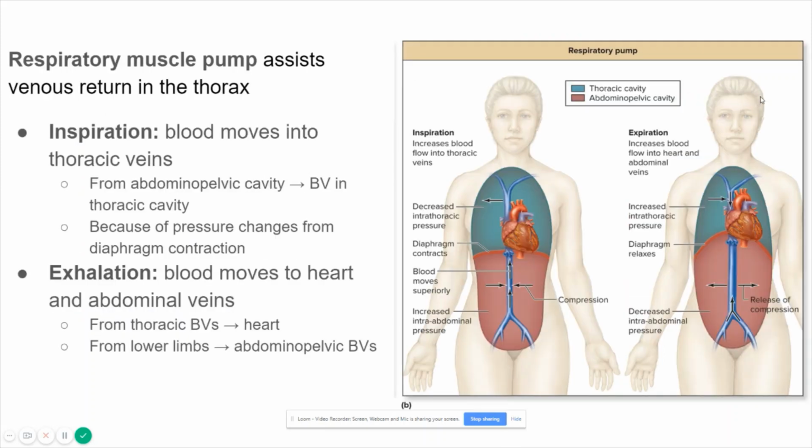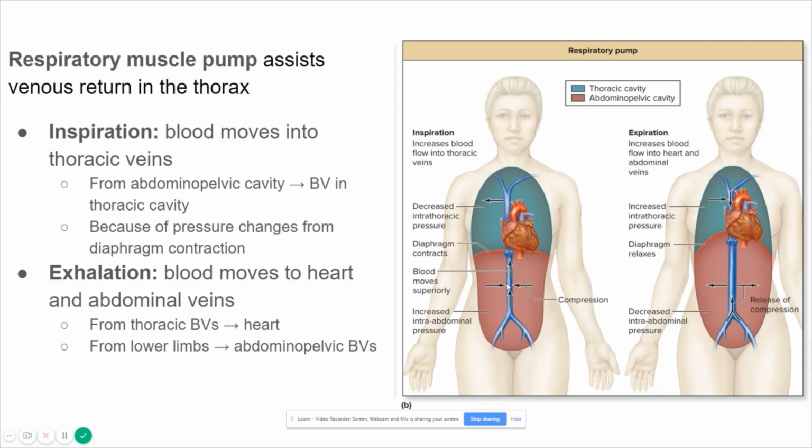Similarly, the changes in pressure that are caused by breathing also move your blood back towards your heart. And this phenomenon is known as the respiratory muscle pump. During inspiration, when you're breathing in, the diaphragm moves down and contracts. That increases the pressure here in the abdominopelvic area.